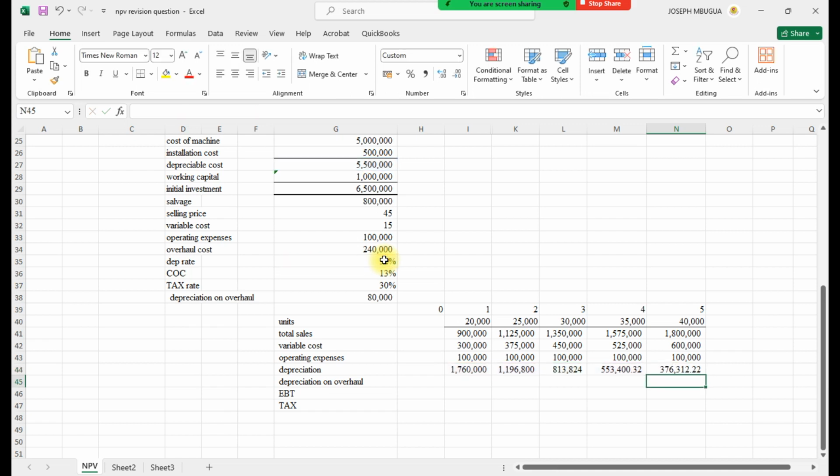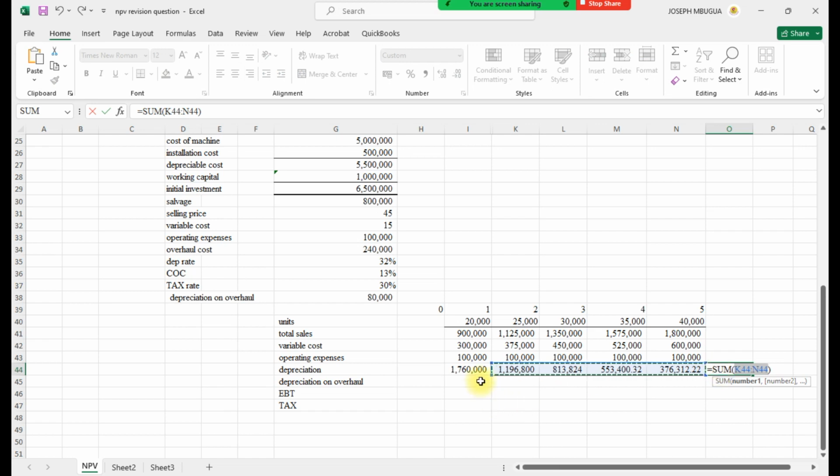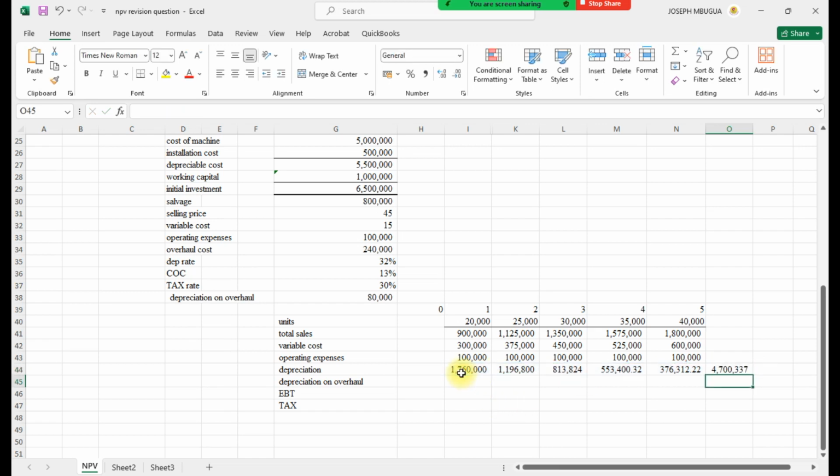And that's how you will arrive at the depreciation for each of the years there, whereby when you do the total depreciation for 5 years, you'll find that it has depreciated by 4.7337.